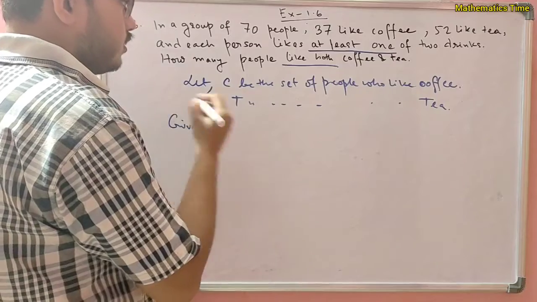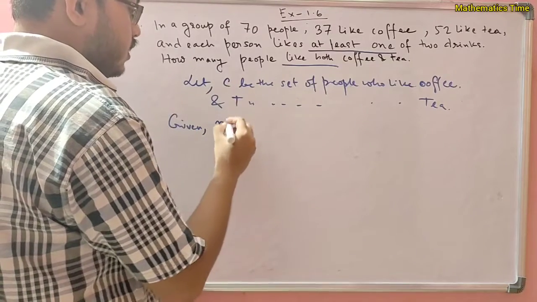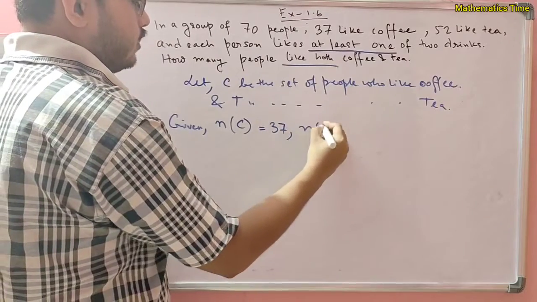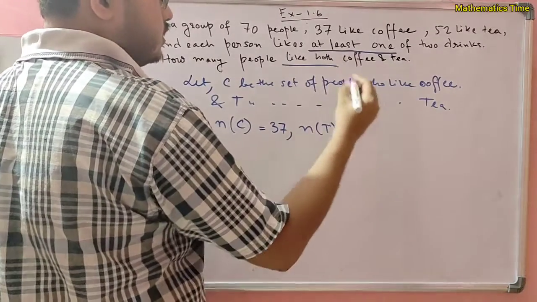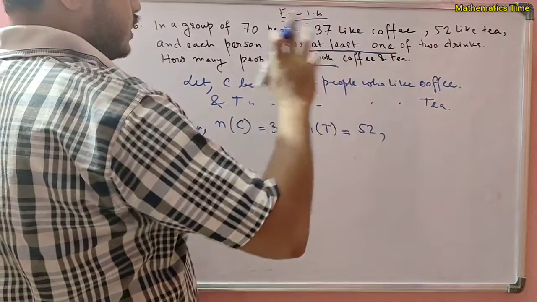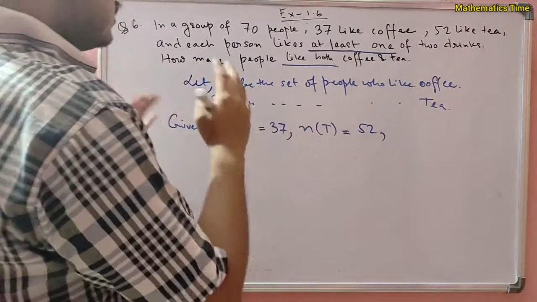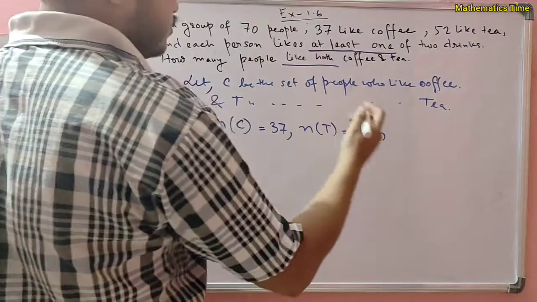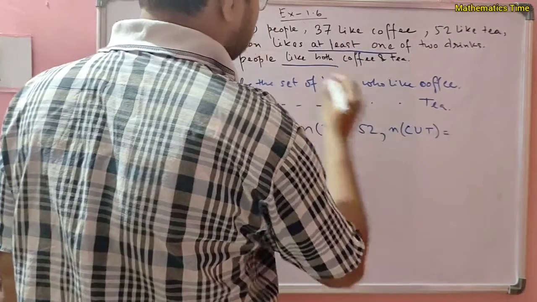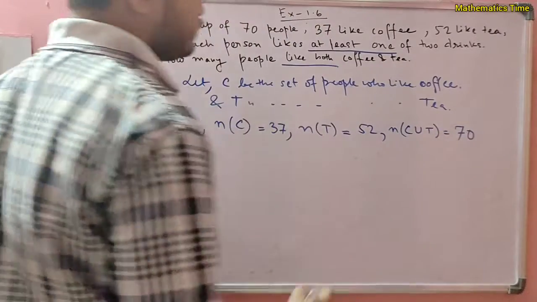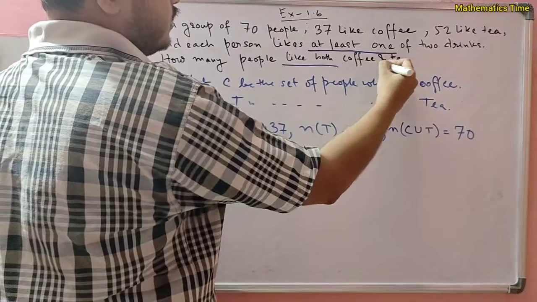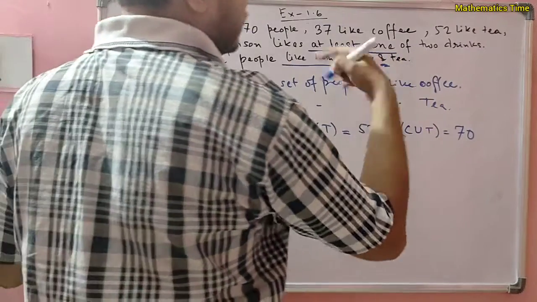If I write this down, n of C is 37, n of T, the number of people who like tea, is 52, and given that at least one of the two drinks, that means this is the union set. At least one means union. So n of C union T is given as 70. What we have to find is like both coffee and tea. Here, "both" and "and" always mean intersection.